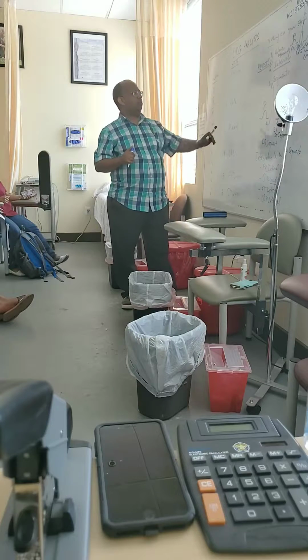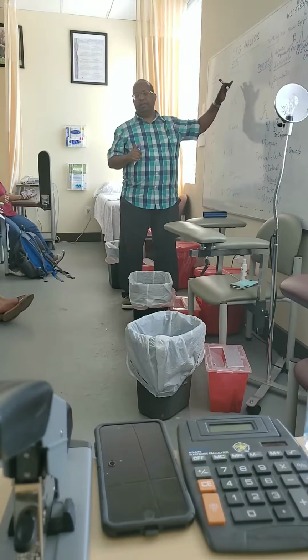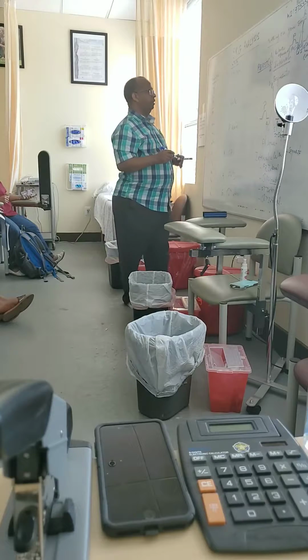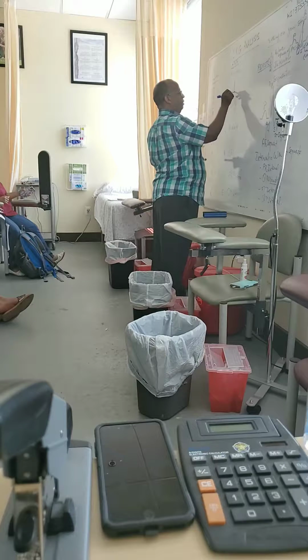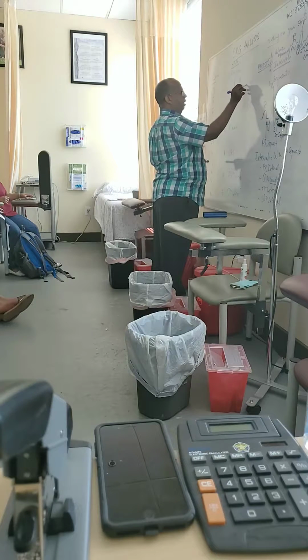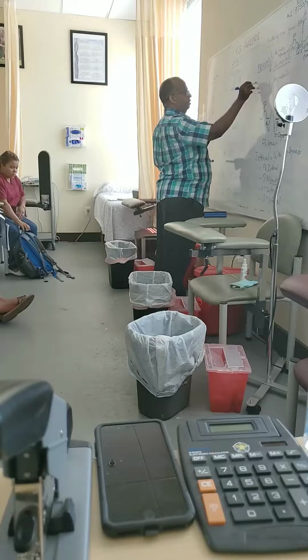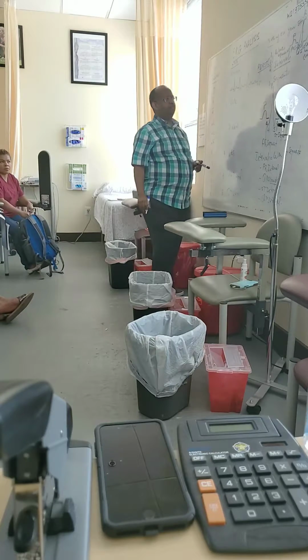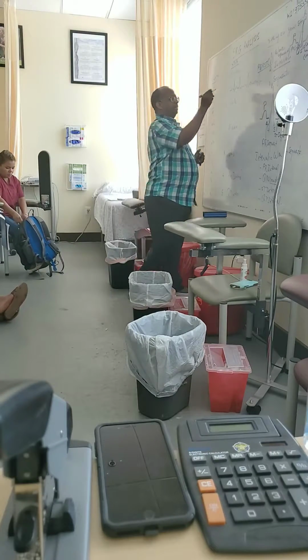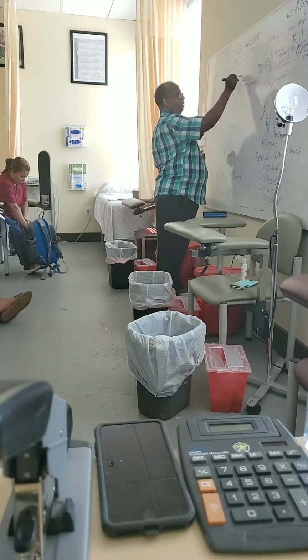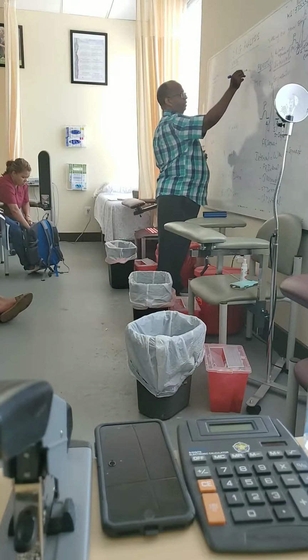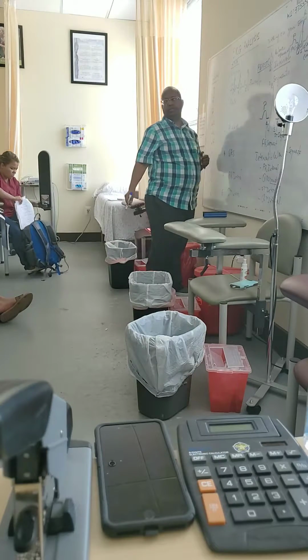Now let's go to rhythm. When we say rhythm, it means you see the spacing in between the waves. It's going like this: P, Q, R, S, T, P, Q, R, S, T, P, Q, R, S, T, continuing like this.